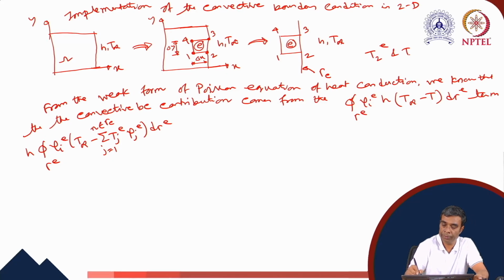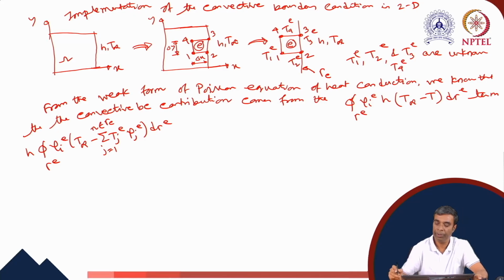Now T2E and T3E are unknown temperatures. So we have T1E, T2E, T3E, and T4E. All four temperatures, including at the boundary, are unknowns.